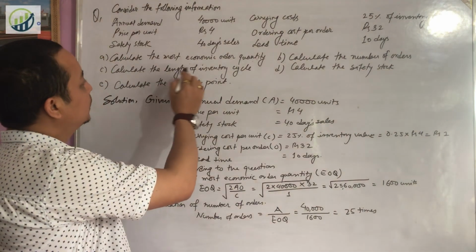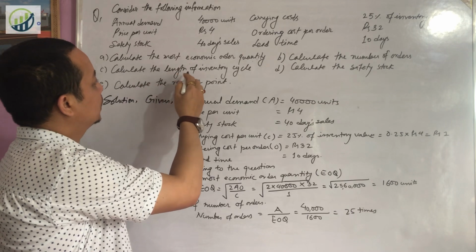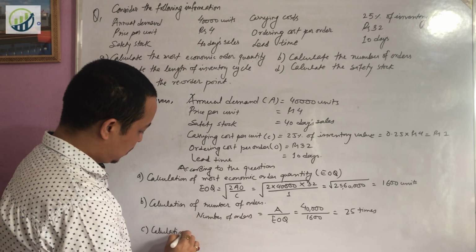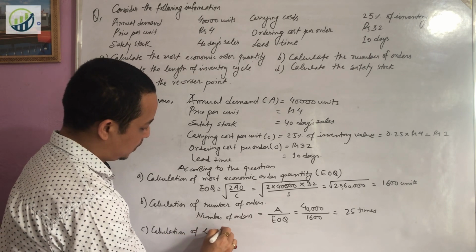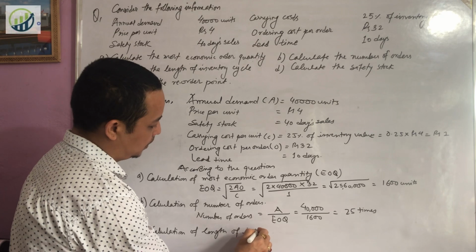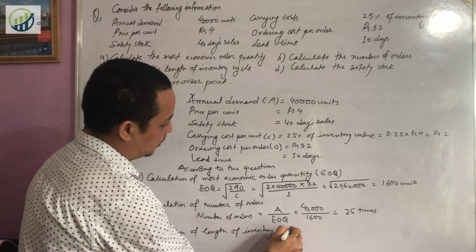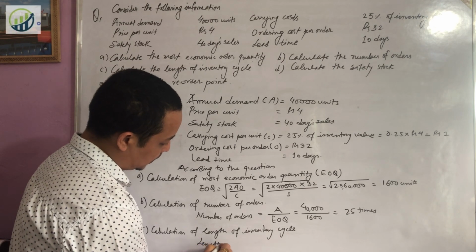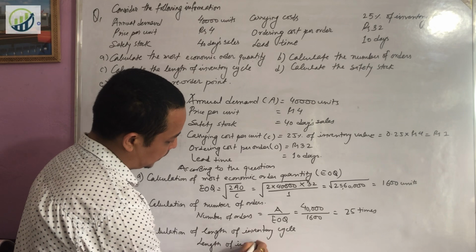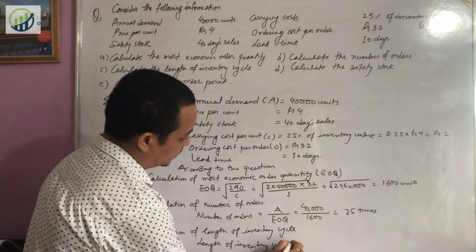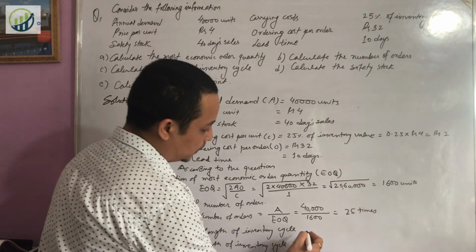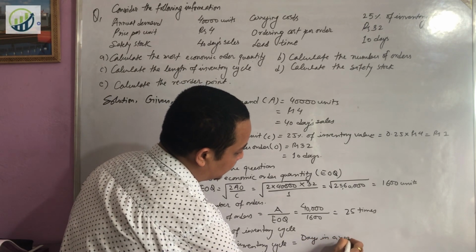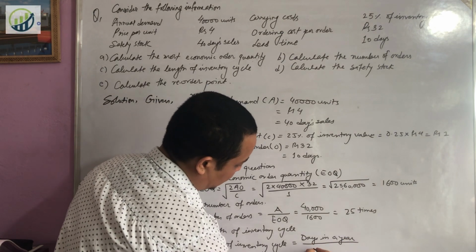So now after finding the number of orders, next is your length of inventory cycle. So calculation of length of inventory cycle. Length of inventory cycle equal to days in a year divided by number of orders.